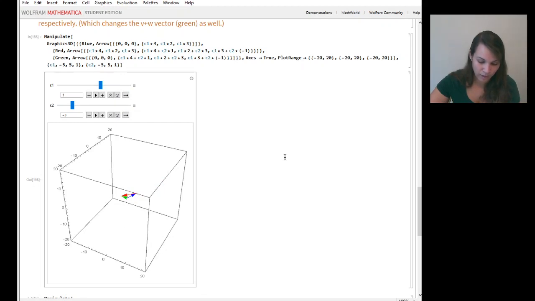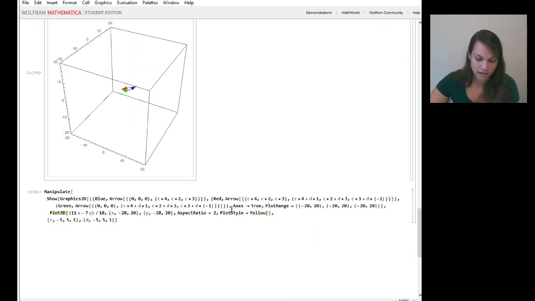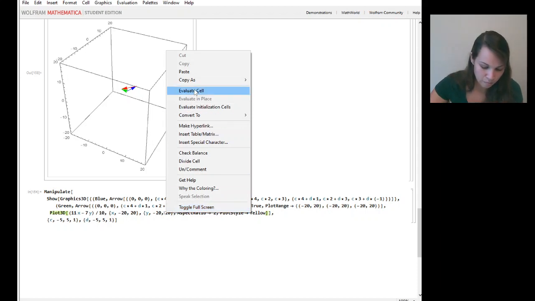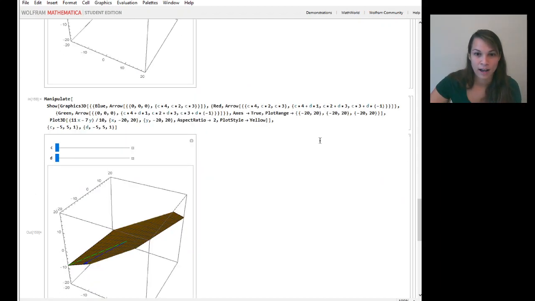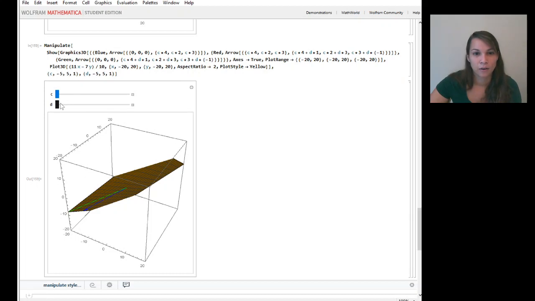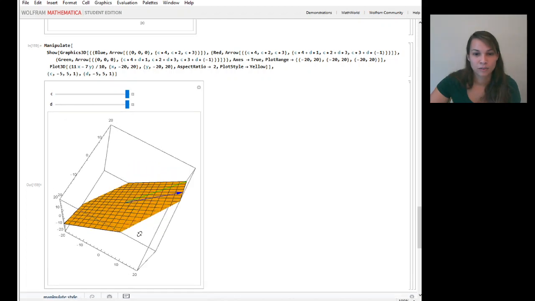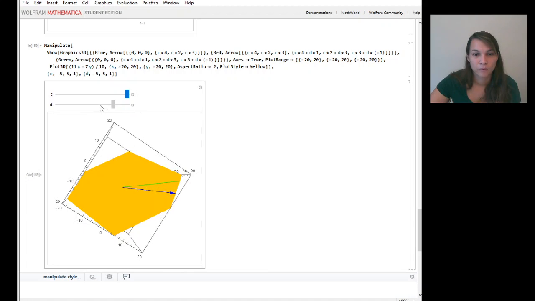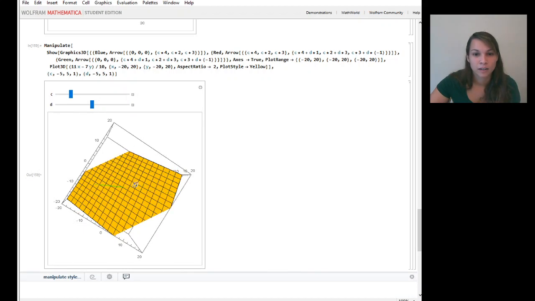And what I've done here is I've added an extra thing. So this is the same thing, but now I've added a plane. Look at this. They're staying on that plane. We can move that around some more.